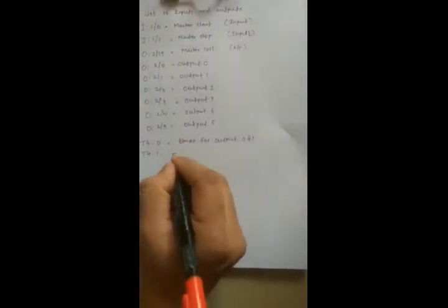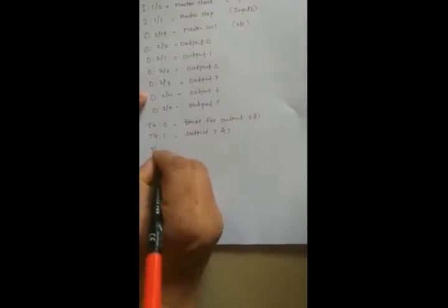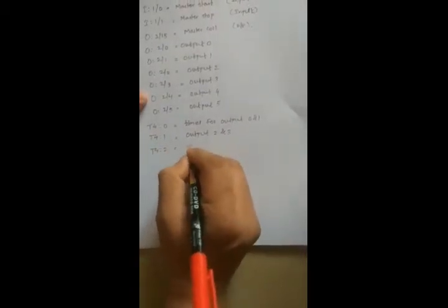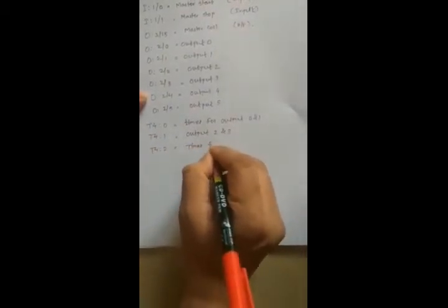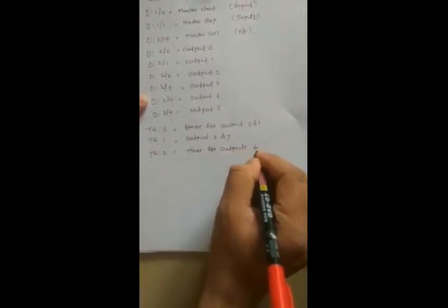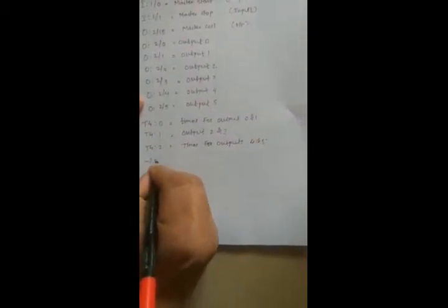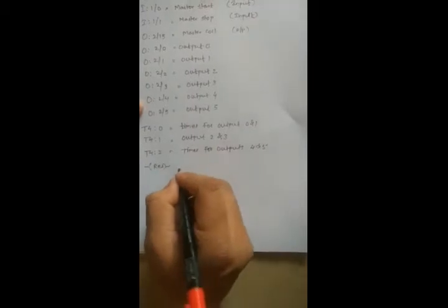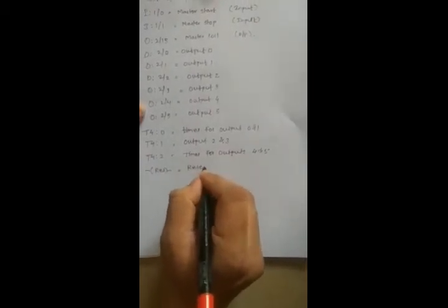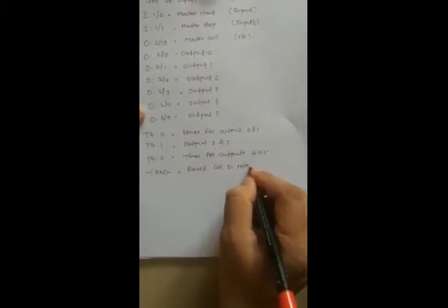The second timer which we are going to use is T4:1, which is used for output 2 and 3. Another timer T4:2 we will require, that is used for outputs 4 and 5. Again we will require one reset coil to reset all the timers. So you can write down the reset coil to reset the timers.